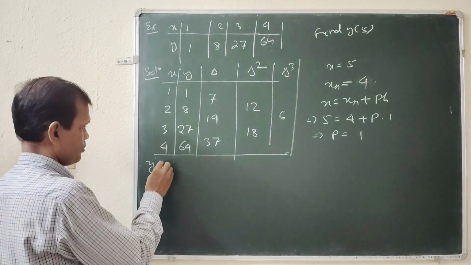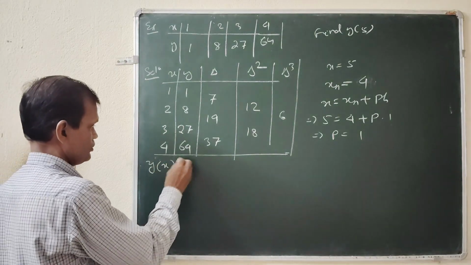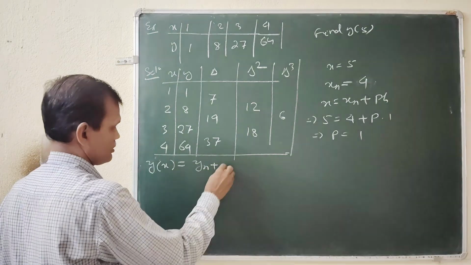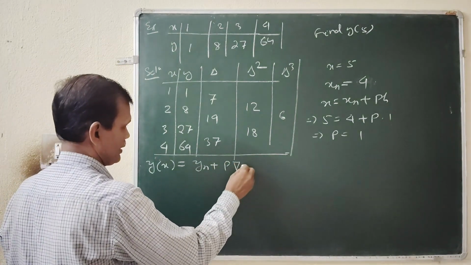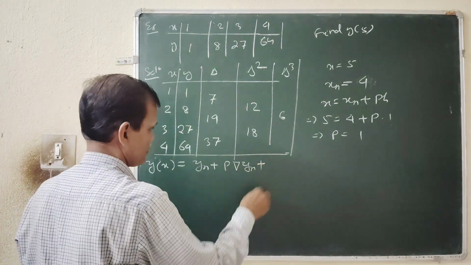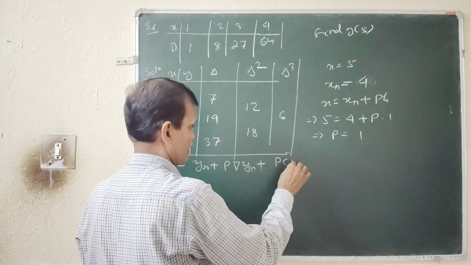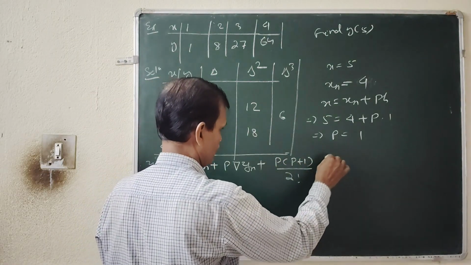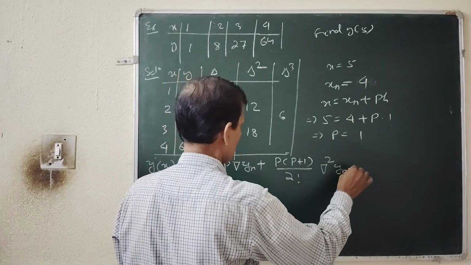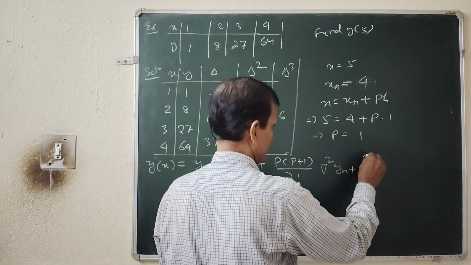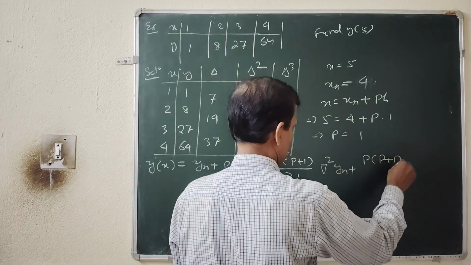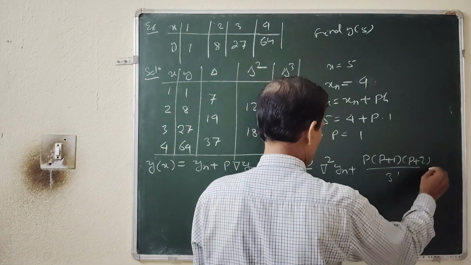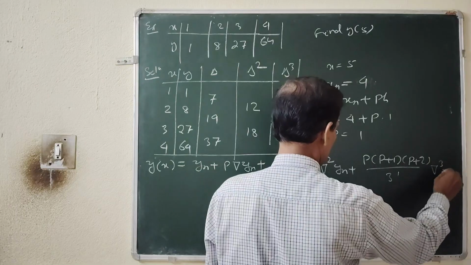So what is the backward interpolation formula? y of x is equal to yn plus p backward delta yn plus p into p plus 1 by 2 factorial backward delta square yn plus p into p plus 1 into p plus 2 by 3 factorial backward delta cube yn.